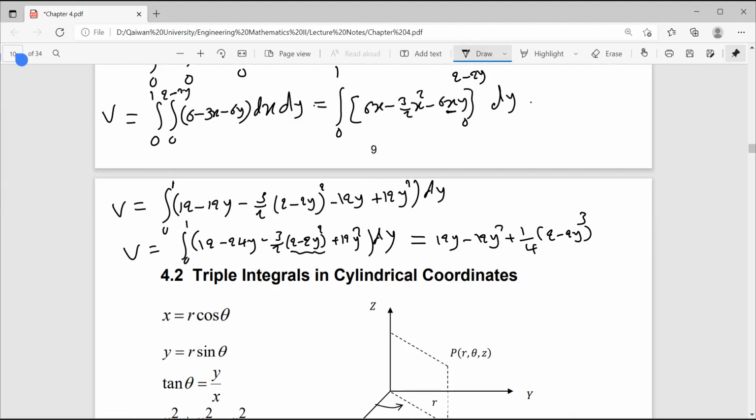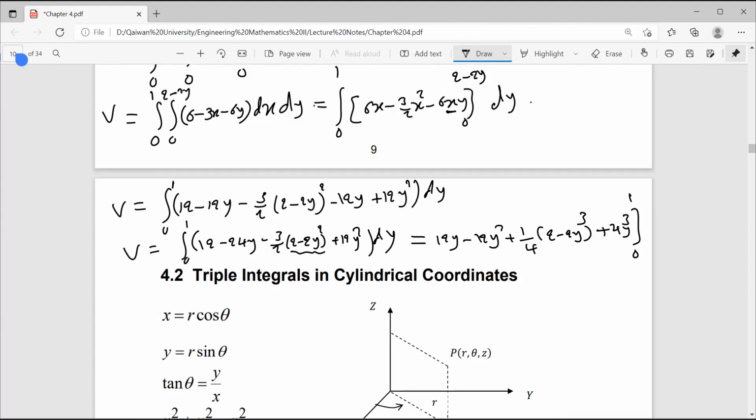3 and 3 are cancelled out. And here 12y, it's not 12y, it's 12y squared minus 4y cubed, from 0 to 1. You replace y by 1, then by 0. If replaced by 0, all terms become 0.